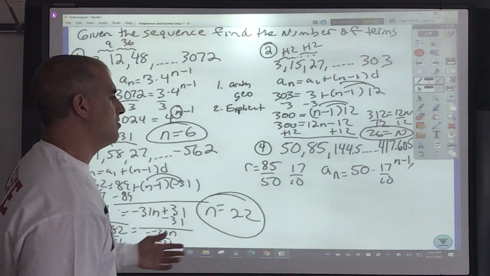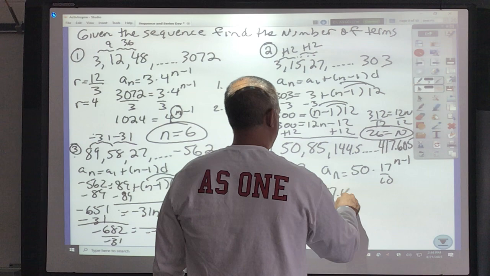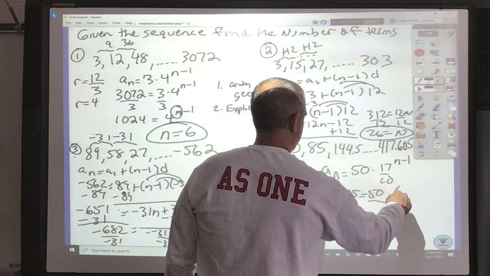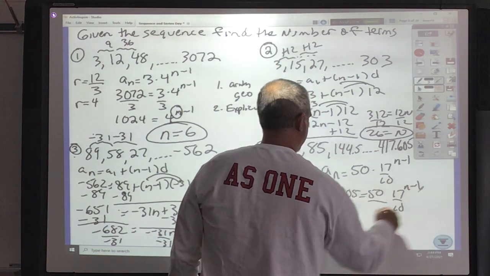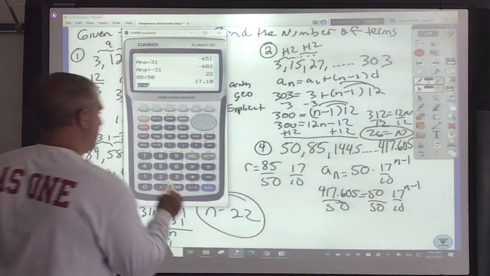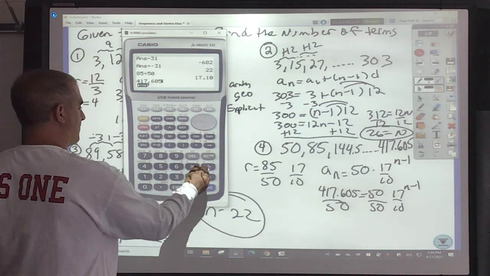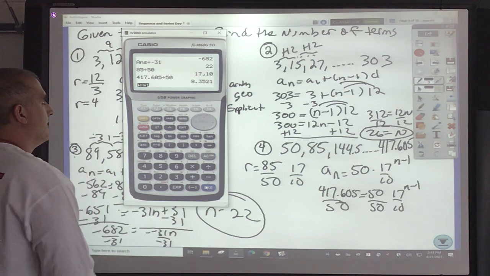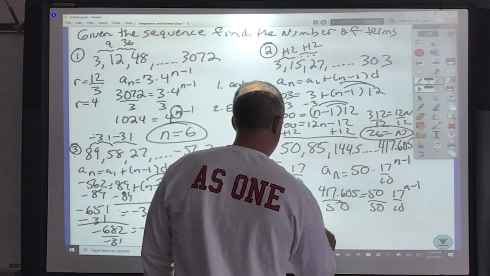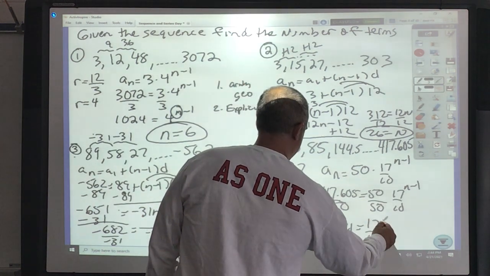Now, I do know this other one is 417.605. So what I'm going to do is divide each side by 50. 417.605 divided by 50, that's what I get. So I got 8.3521 equals 17 over 10 to the n minus 1.